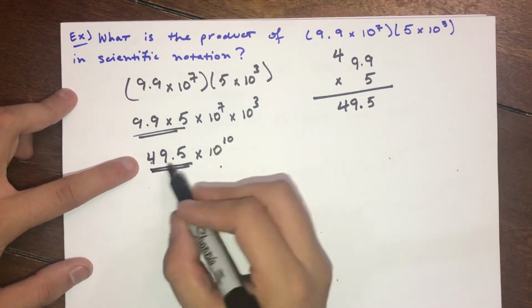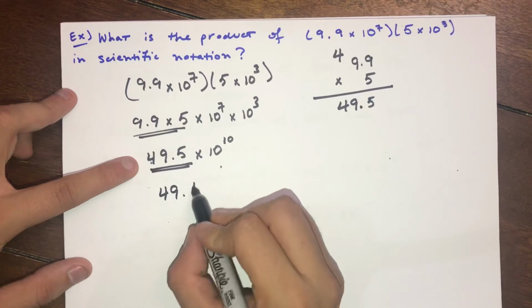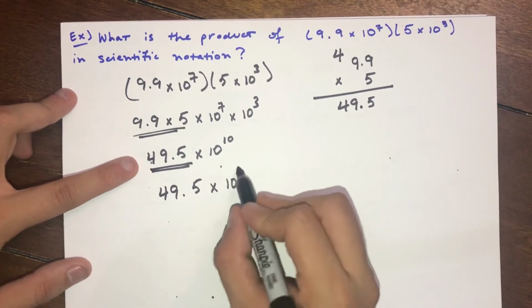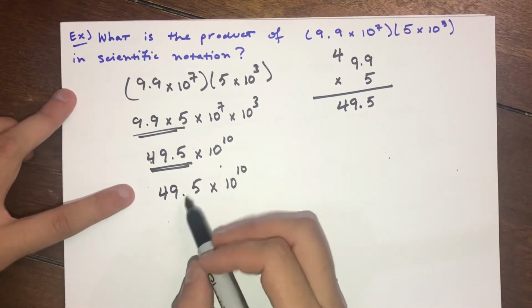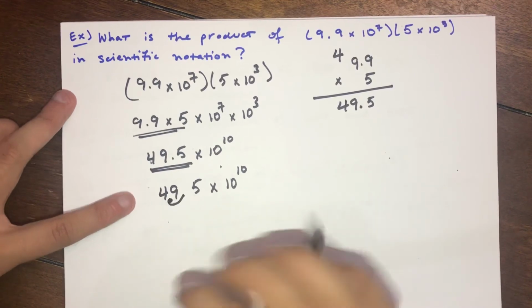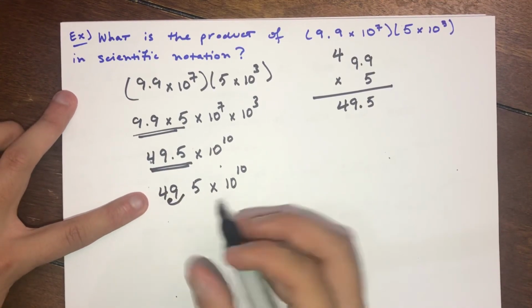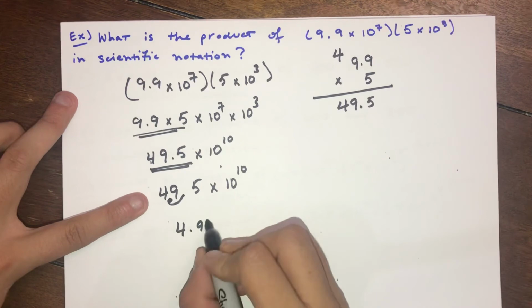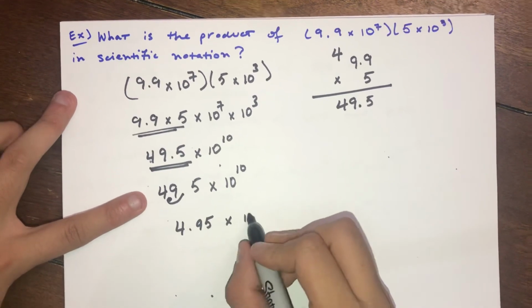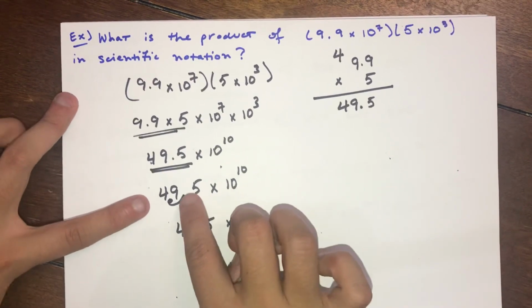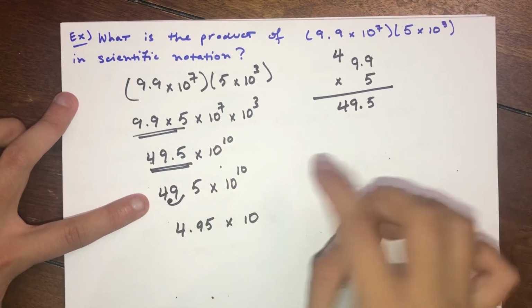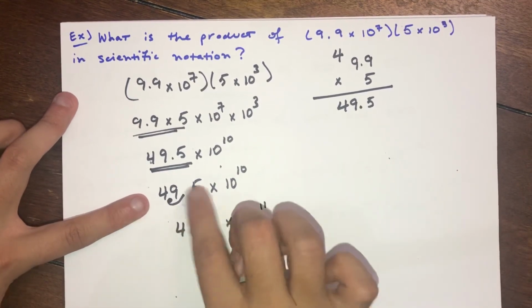We have 49.5 times 10 to the 10. We need to move the decimal point once to the left. Now it's in between 1 and 10. So we get 4.95 times 10, and we had to move the decimal once to the left, so we're going to need an extra jump to go back to this number.